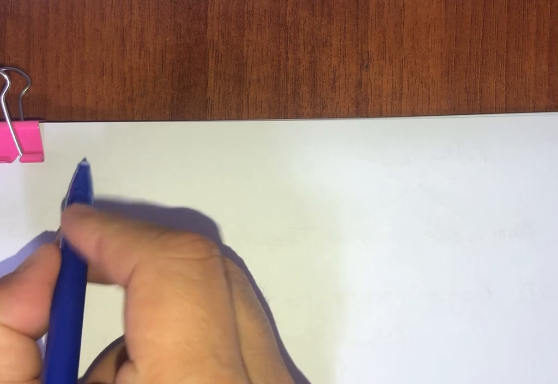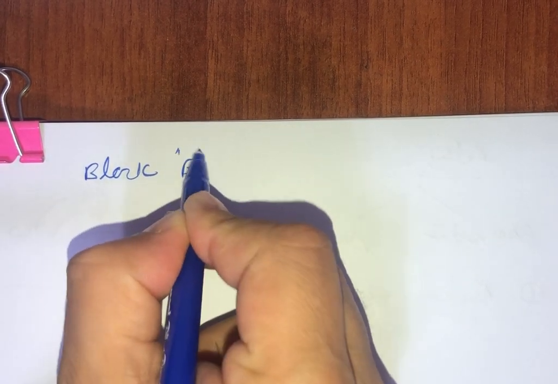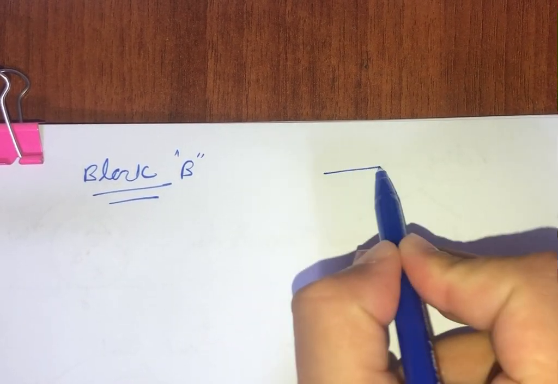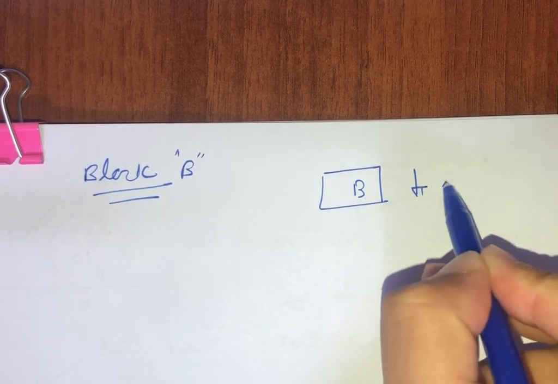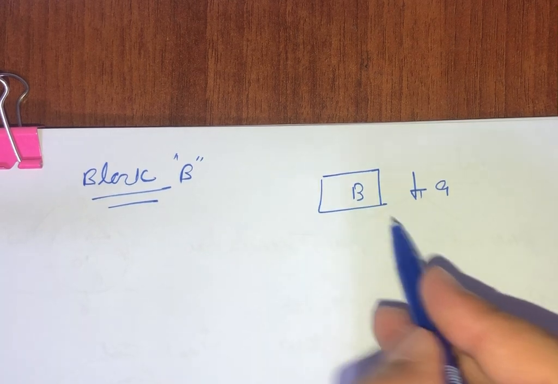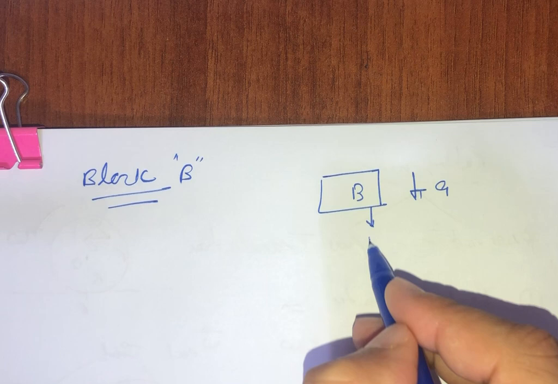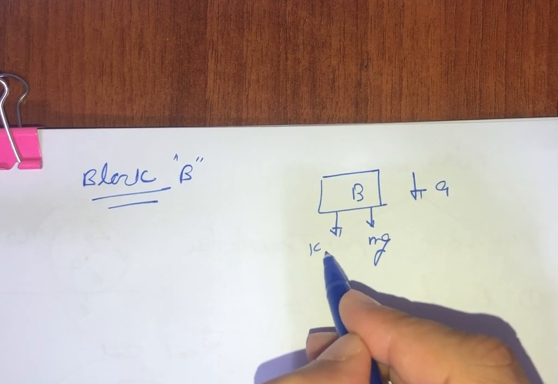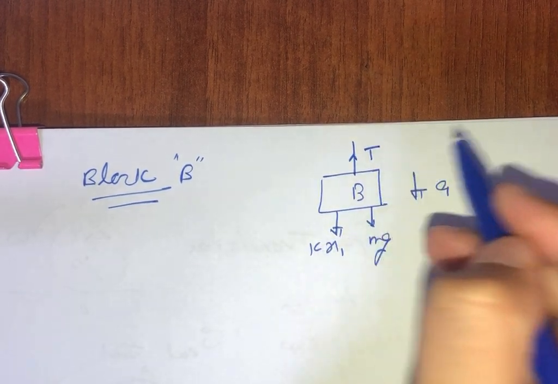Now for block B, this is block B traveling in downward direction with the acceleration A, and there will be force mg in the downward direction, and there will be, because of spring, that will be kx1, and upward direction, let us suppose there is a tension T because of the string.